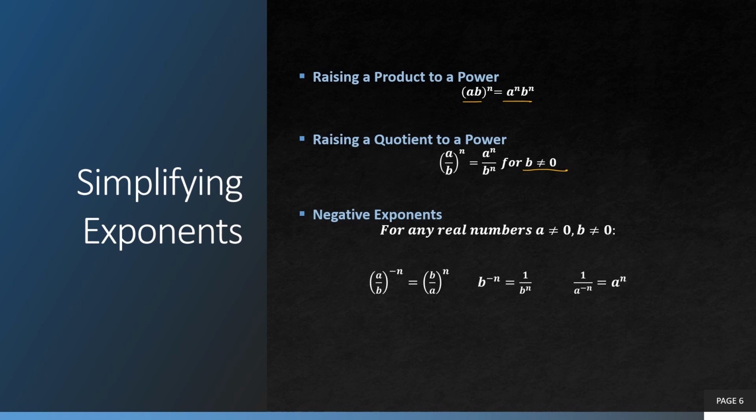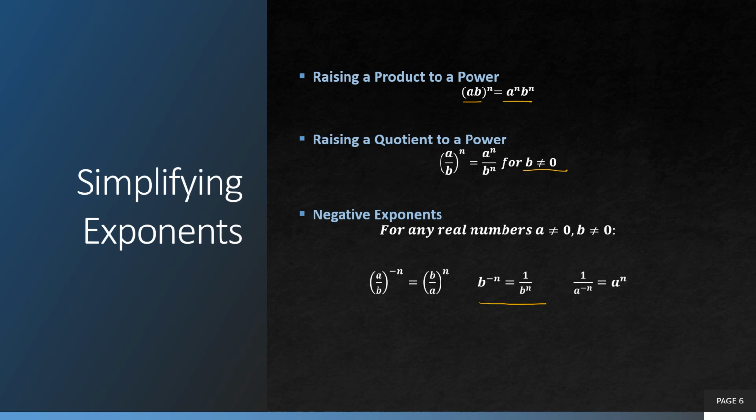For negative exponents, we already talked about these last two. If I have b to the opposite of n, that's the same thing as 1 over b to the n, and 1 over a to the negative or opposite of n becomes a to the n. We can also do a cute little shortcut here.